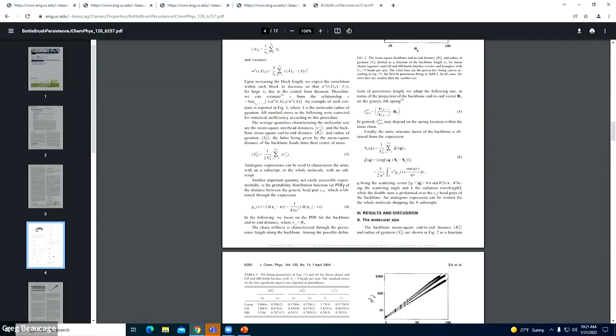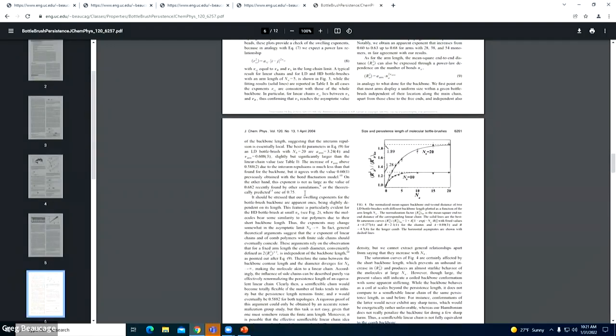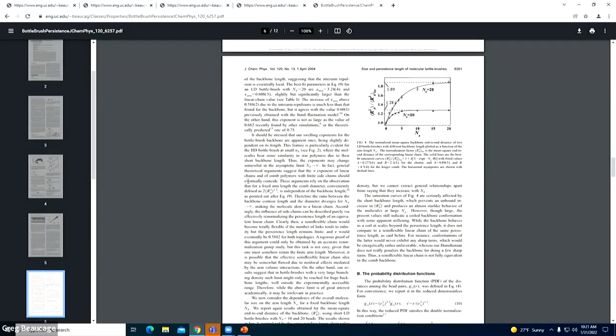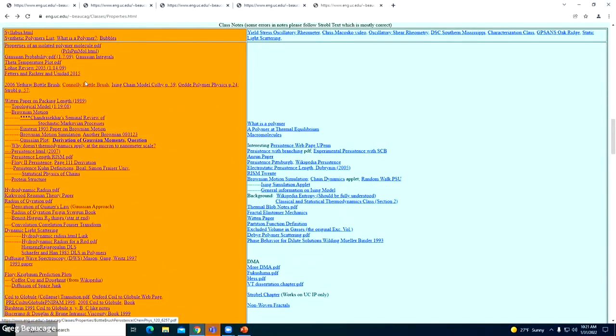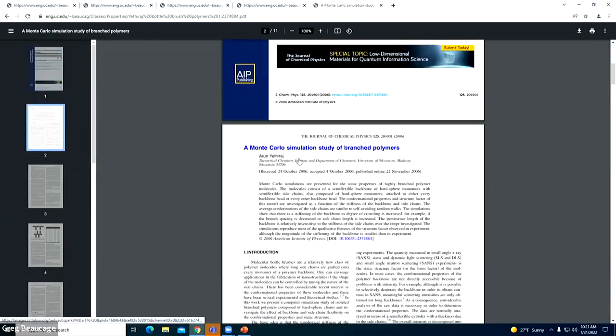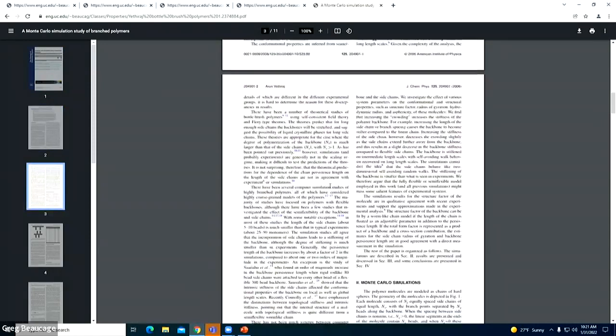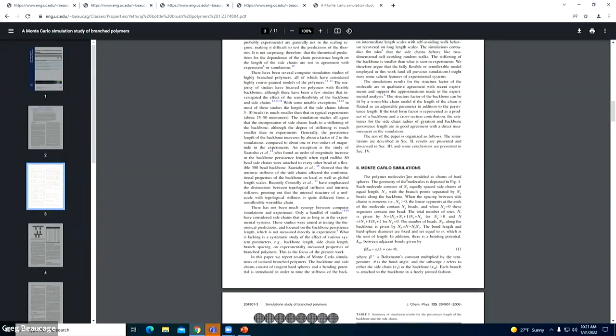He calculates the radius of gyration. Anyway, this paper, that's the Connolly paper. There's another paper that's almost the same thing. He's also doing Monte Carlo of polymer chains of hard spheres, NF side chains, NS branch points, NG.